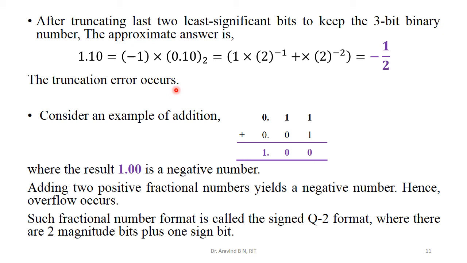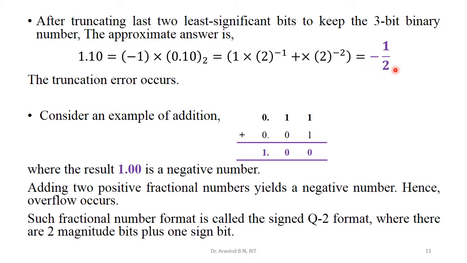Now in this case what we have obtained is a correct answer, but the number of bits are beyond Q3 representation. Therefore, we need to perform the truncation of the least significant bits, keeping the 3-bit binary number. That is, we are going to get the answer as 1.10. Now make a conversion of this into equivalent decimal.